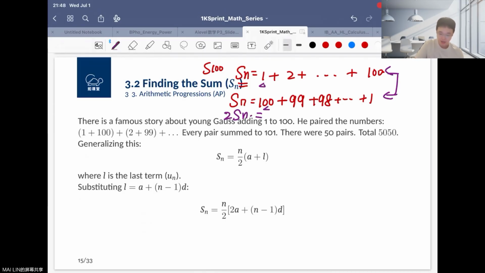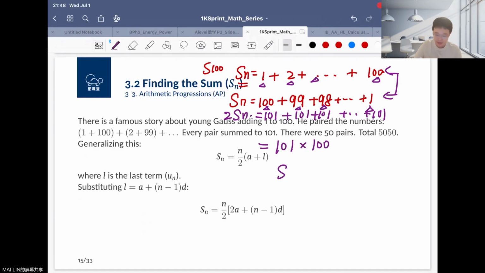And here 1 plus 100 is 101, and here 2 plus 99 is 101, right? 3 plus 98 is also 101, right? And the last terms added together are 100 plus 1, also 101, right? So you can say 2Sn equals 101 added 100 times, right? So the value here is 101 times 100, right?